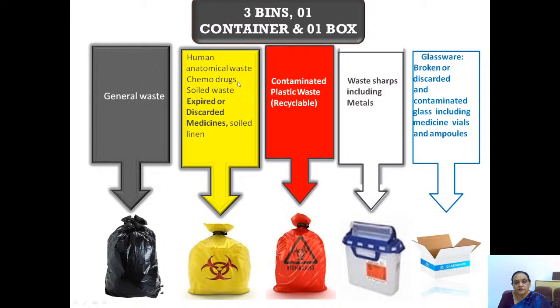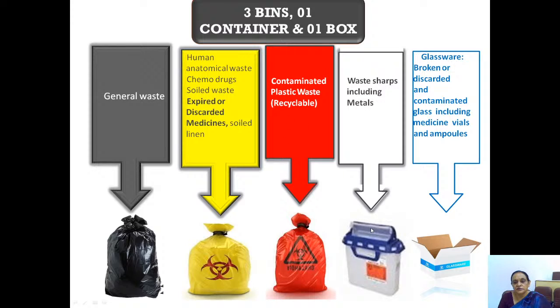The yellow bins, the yellow bags you must have seen, take care of human anatomical waste, some drugs, solid waste, expired or discarded medicine, soiled linen. The red bag is mostly for the plastic waste. This is recyclable, that is why you separate it.